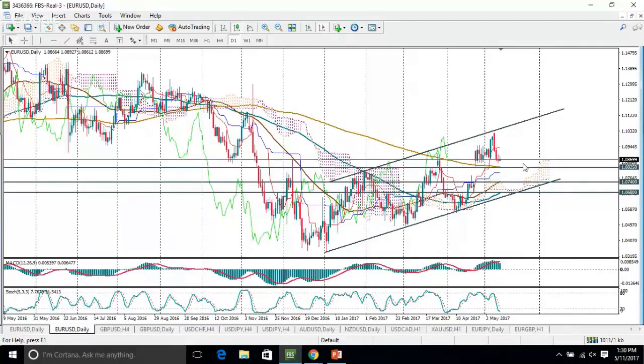For now, we have another factor which makes the pair decline. This is the factor from the American side of things, and it is the expectations of the Federal Reserve's June rate hike. But still, much of this is already included in the current price of the pair, in the recent decline of the pair.